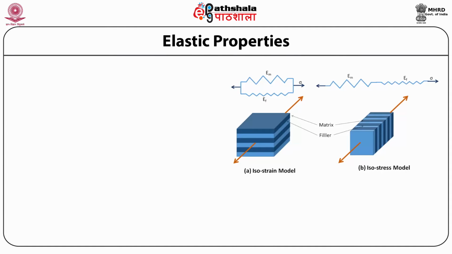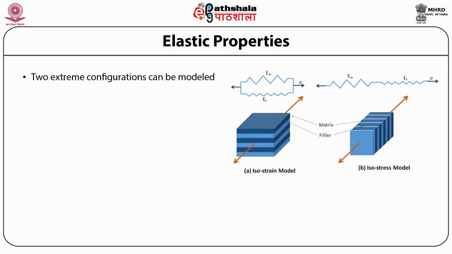Elastic properties. Now students, let us discuss the elastic properties. When we are considering the elastic properties of a composite, we can consider two very different models which give us the lower and the upper bound of the elastic modulus for the composite.